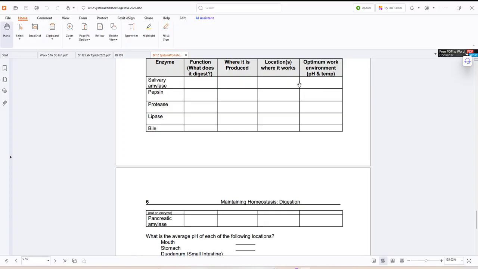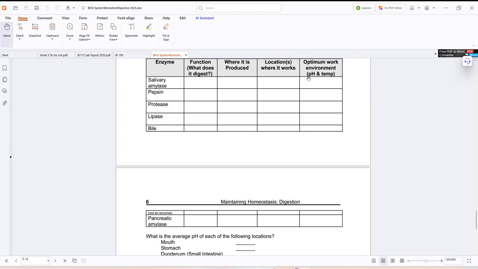Then you're going to look up its optimal environment. The temperature should be the same for all of them, so think about your body temperature, but the pH will vary. So make sure you're paying close attention to the pH.